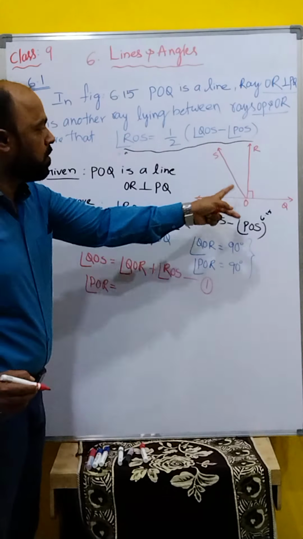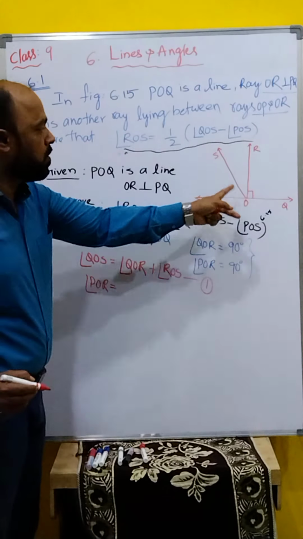On the LHS, angle QOS plus angle POR is equal to the right side total: angle QOR plus angle ROS plus angle POS plus angle ROS. Clear, children?